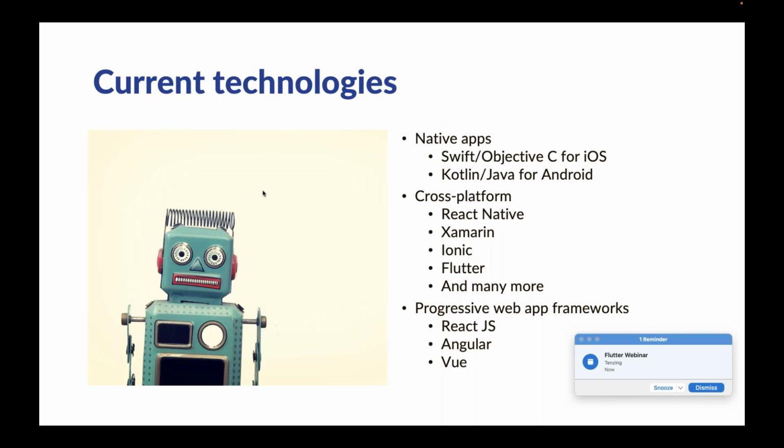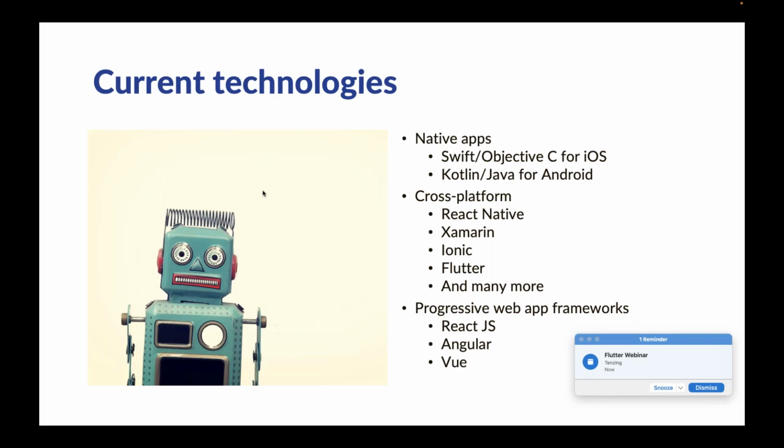And so if I think about some of these technologies, you may have heard of a lot of these things. Native apps mean development in Swift and Objective-C for iOS, Kotlin and Java for Android. And then for cross-platform, this is by no means a comprehensive list, you have a multitude of different technologies.